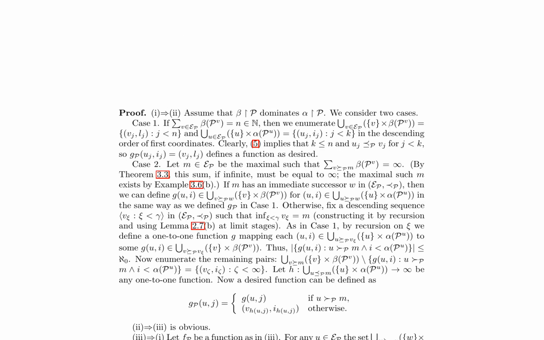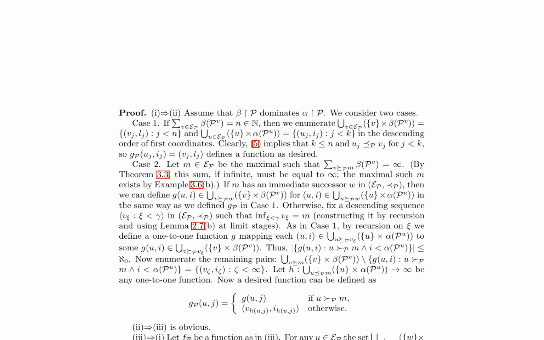The research paper presents two key results. Firstly, it proves the equivalence of conditions I, E, and E in a previous theorem. This is achieved by dividing the proof into two cases. In case 1, it assumes beta restricted to P dominates alpha restricted to P, and shows that a function g can be defined to satisfy condition E. Case 2 considers the situation where there exists a maximal element M in EP such that the sum of beta over P is infinite, and demonstrates that a function g can be defined to satisfy condition E, using a recursive construction.